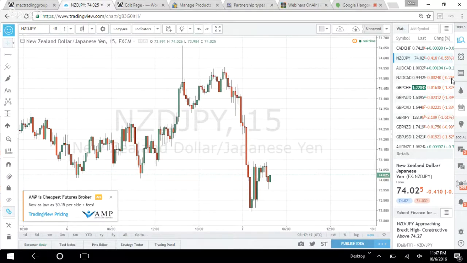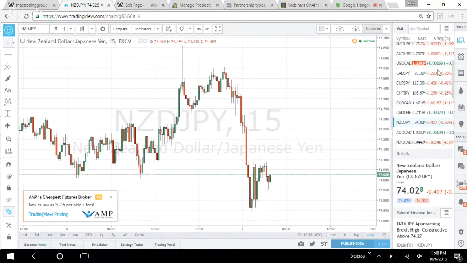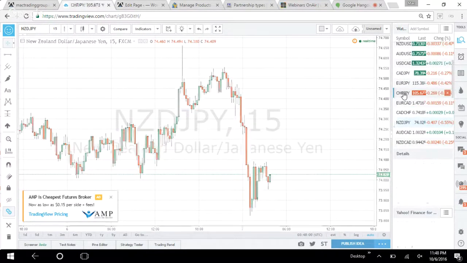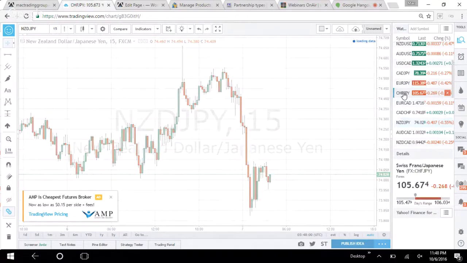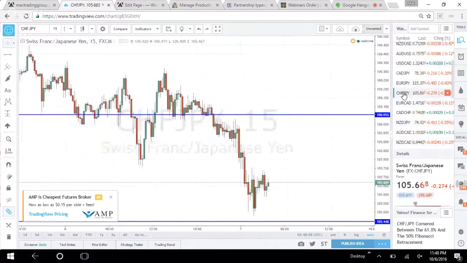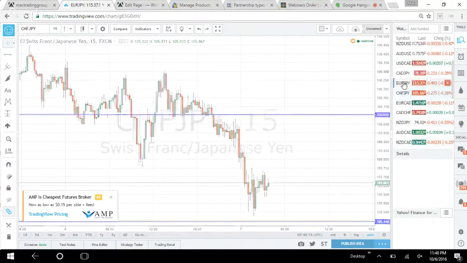Now let's look at some more JPY pairs. CHF JPY. Yeah, it doesn't look nothing like it. Like I said, they're not all gonna look alike, okay?